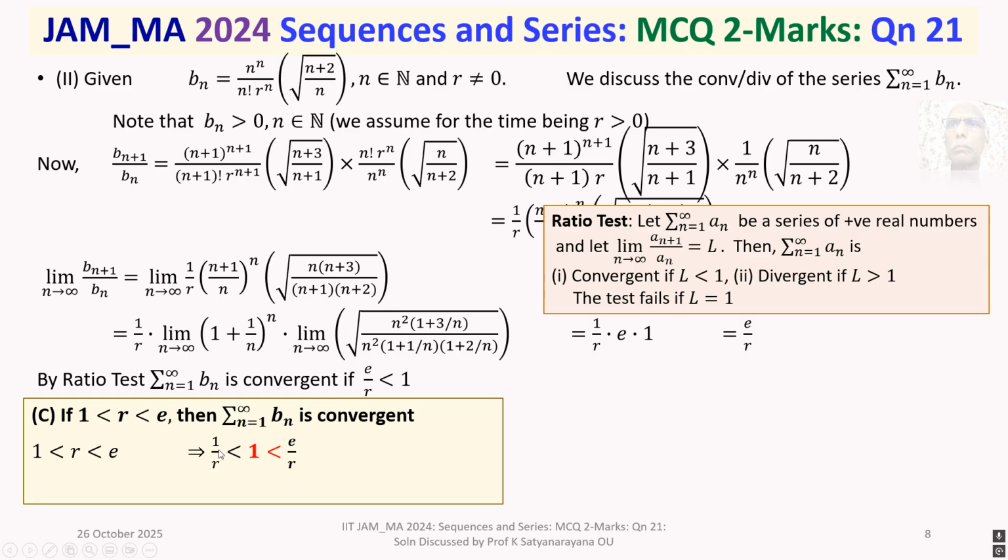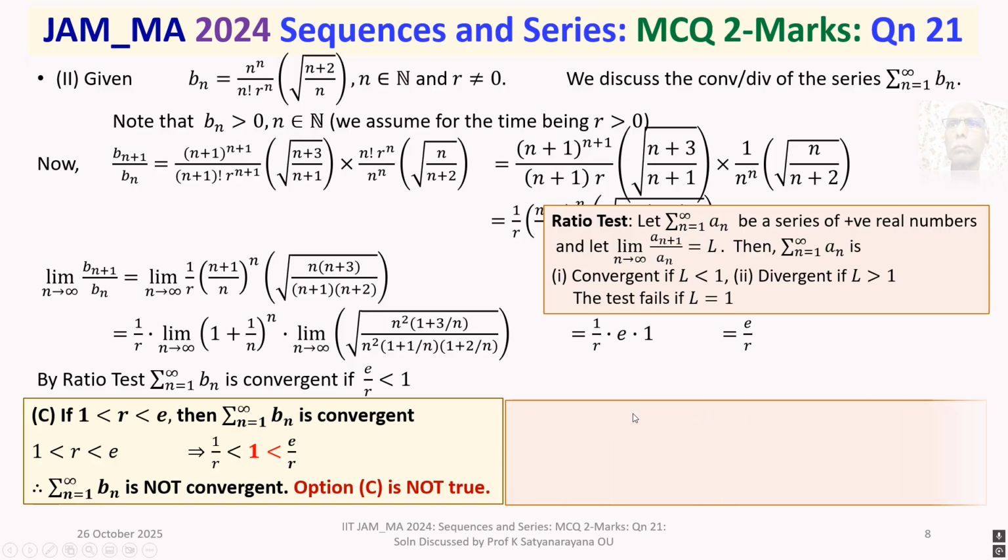No problem. Everything will follow. So you divide by r, you will get 1 by r less than 1 less than e by r. 1 less than e by r is e by r greater than 1. Use the ratio test, it is not convergent. Sigma Bn is not convergent, it is divergent, and option C is not true.